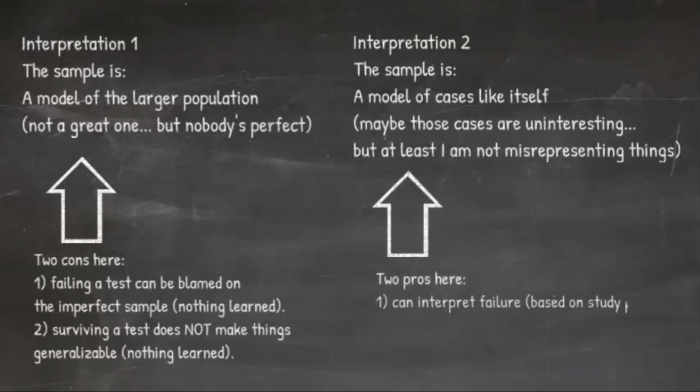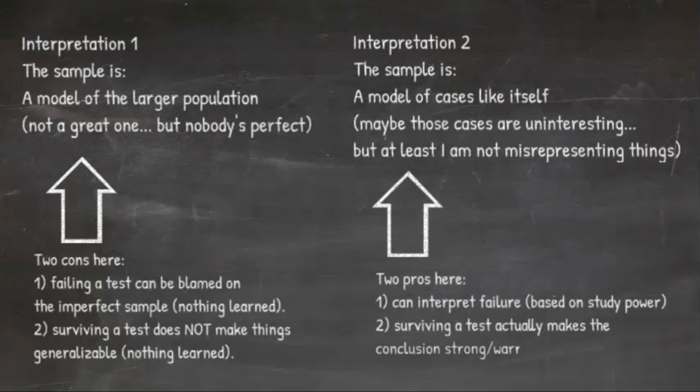If we have a low-powered study, then we can't really interpret a failure. But if we have a well-powered study, we can interpret failure to a limited extent. And if our idea survives the test, then we have actually conducted a severe statistical test, and we can make a conclusion or a generalization based upon that.